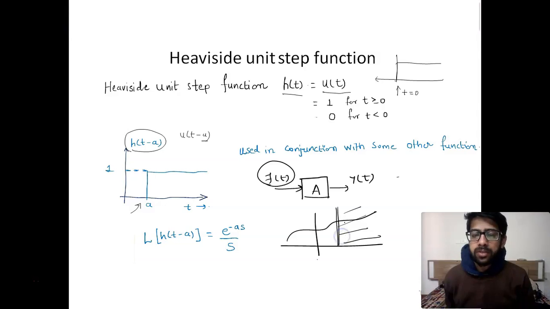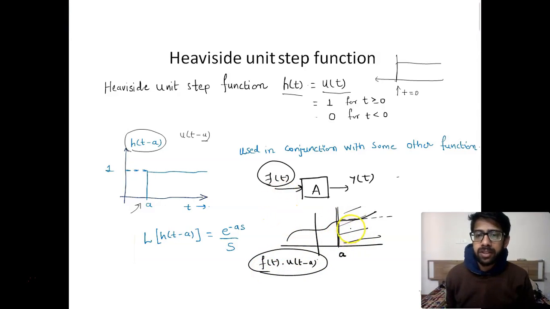So what I will do is multiply this function f of t by u of t minus a, where a is this particular value from which I want to take the values ahead for f of t. So this is how you can cut a particular part of the function and give it as an input to the system, so that you can decide which part of the function f of t you want to give as input.